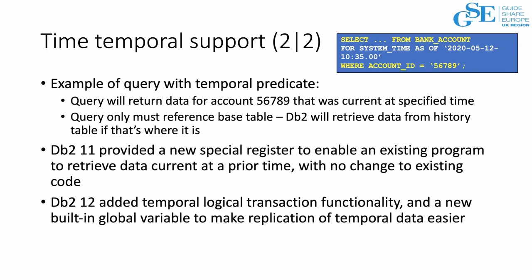So the result you see is the information for that account as of that date and timestamp. This information will come from the history table because that is where the information is held, but you don't have to specify the name of the history table. The only thing you need to do is reference the base table.